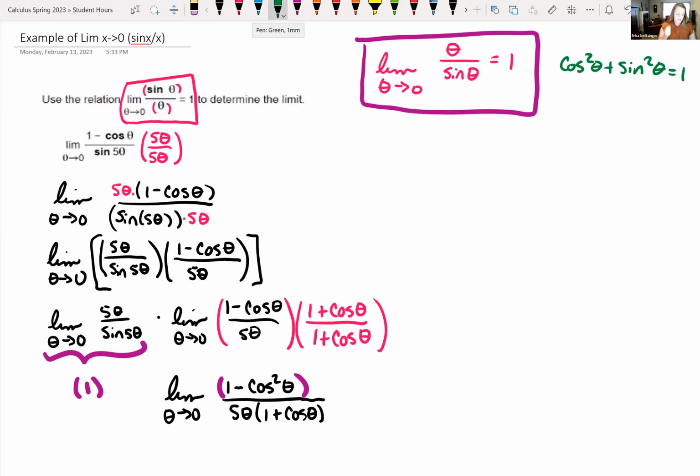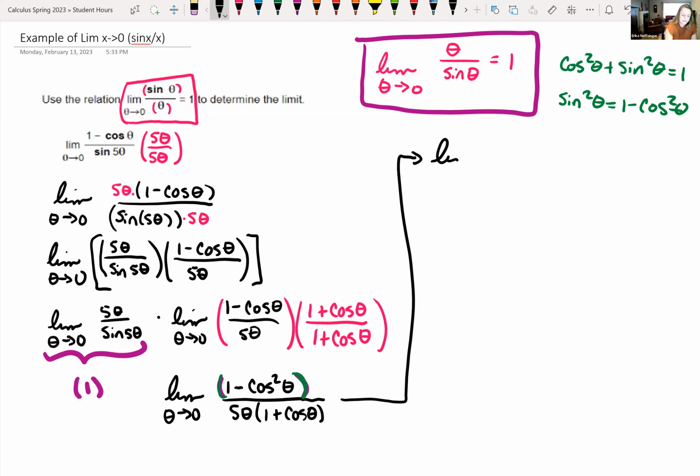And so we could see that if I subtract cosine squared theta on both sides of that equation, you get sine squared theta is equal to 1 minus cosine squared theta. So notice that's what our numerator is, 1 minus cosine squared theta. So we can rewrite that in terms of sine squared theta. So let's do that.